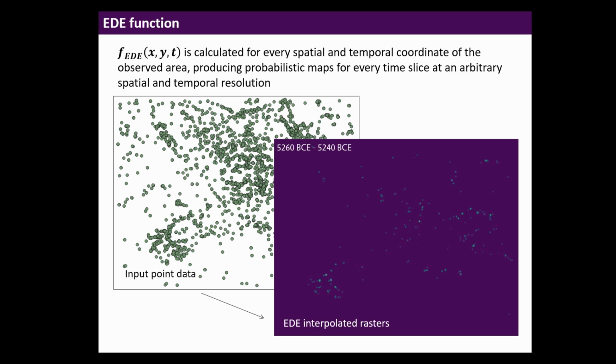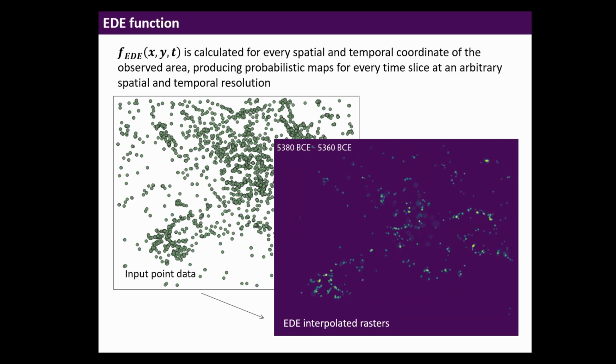Okay, the result. If we apply this function to our data set, this is just date points in space which are dated and assigned either archaeological or scientific dating. We can interpolate them in space and time, and we can produce time slices like this, where all these biases that I mentioned are already taken into account, and we get probability maps which we can then use to further work with the evidence in a correct way.